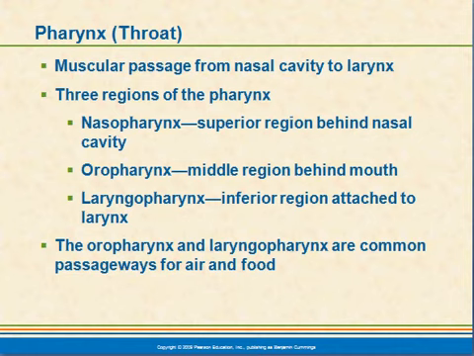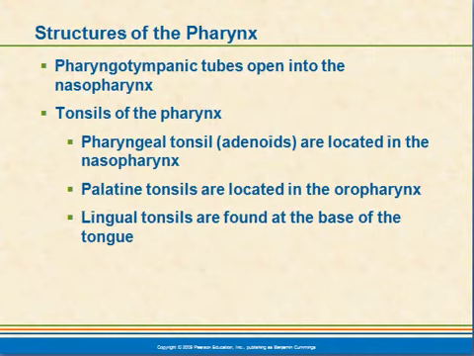The structure of the pharynx has a couple of things. There are tubes, the pharyngotympanic tubes, also termed eustachian tubes, and what they do is allow the equalization of pressure within the middle ear. We also have tonsils. We have pharyngeal tonsils, which are the adenoids.